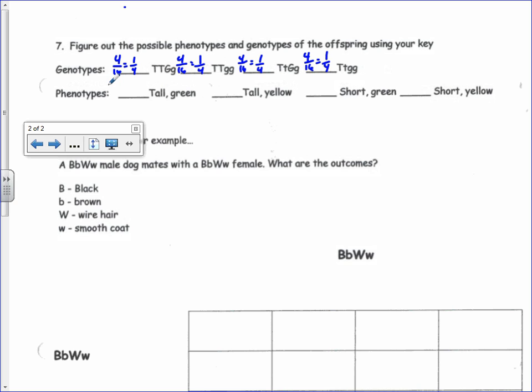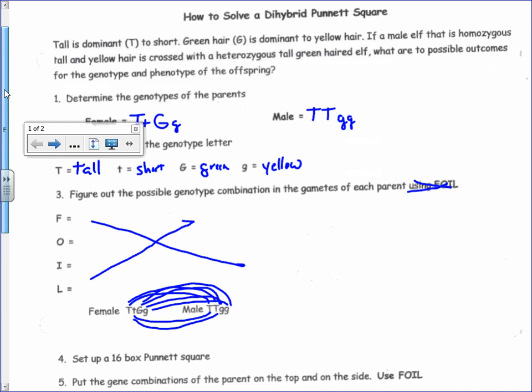Okay, now we're looking at the phenotypes. So we're going to look at the Punnett square again, but now we're looking for tall and green. So to be tall, it has to have a capital T in it, and to be green, it has to have a capital G in it. So we're looking for homozygous dominant and heterozygous, or heterozygous and heterozygous. So let's go back to the Punnett square.